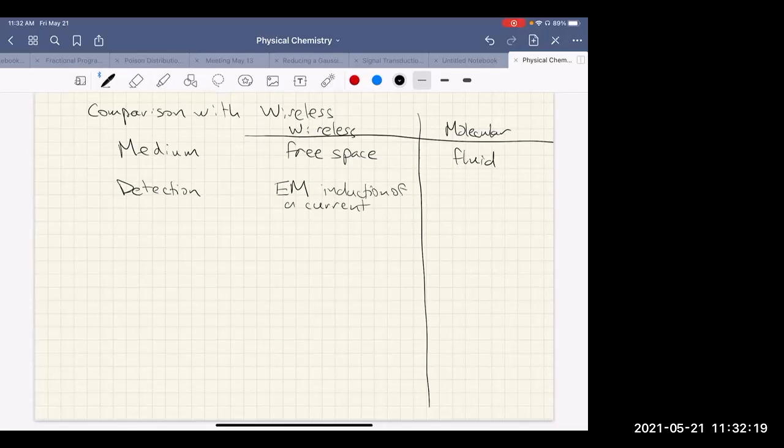In a molecular communication environment, we are looking for either detection or count of molecules, which stems from a chemical reaction.